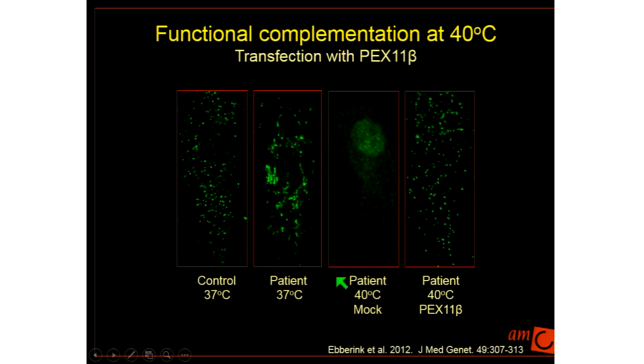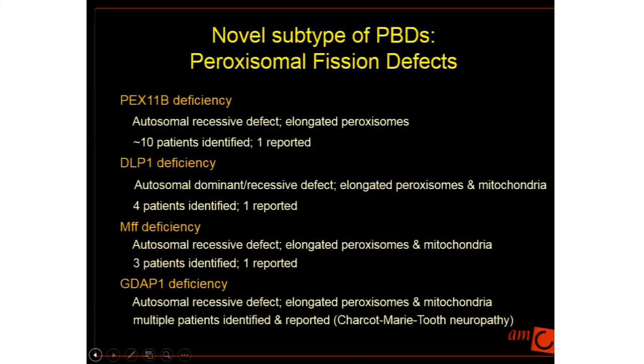And then we found out that if we put the cells at 40 degrees, we completely lost the protein import of the peroxisomes, so there are no peroxisomes there. So we used this condition to try to complement the cells, and then we got the same phenotype again as in the wild type, confirming that PEX11 beta was indeed the problem in these cells. So at this moment we have this PEX11 beta deficiency, which only affects peroxisomal fission, by the way.